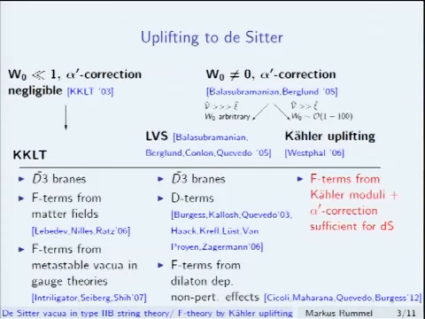Starting with a variety of ways to stabilize the moduli, there's different ways to uplift, and there's three branches, so to say, of moduli stabilized scenarios in type IIB. The oldest famous one is the KKLT scenario, where the superpotential has to be tuned small and alpha prime corrections can be neglected.